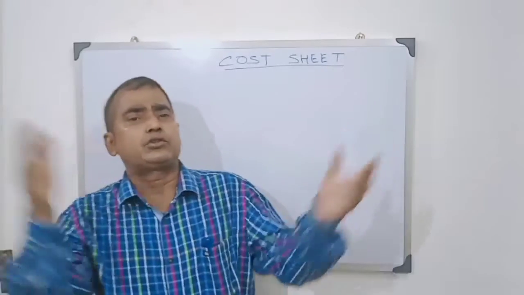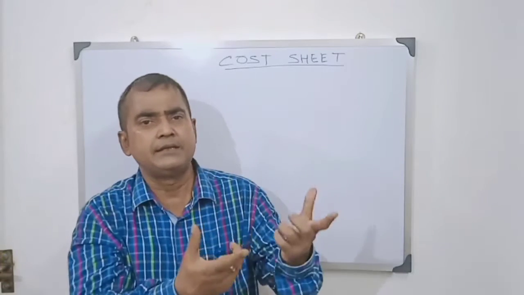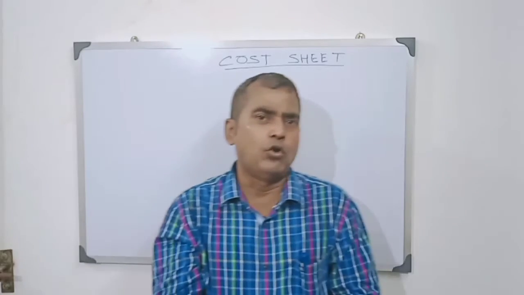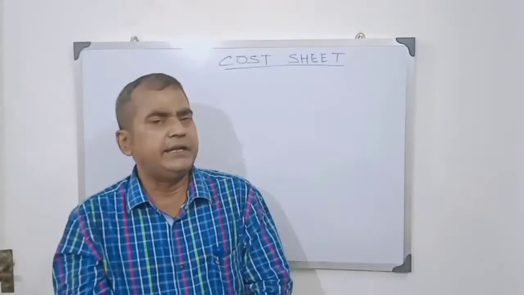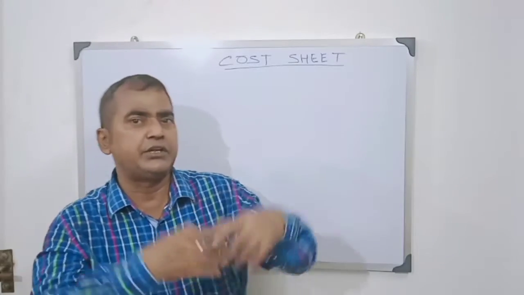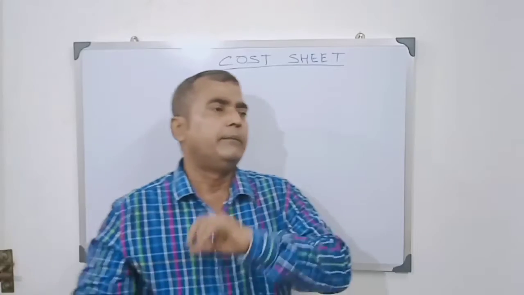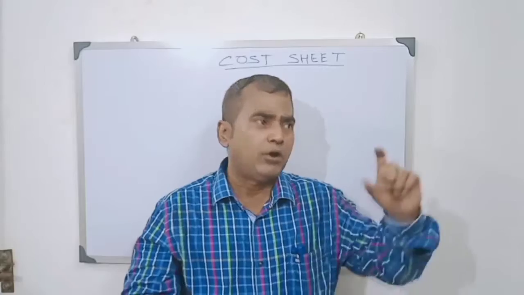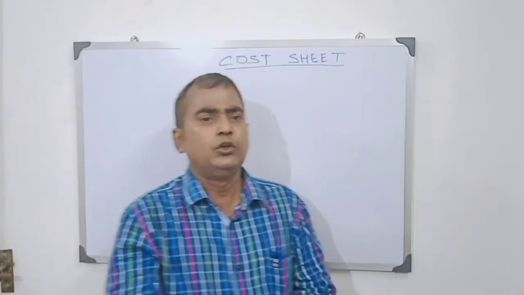When cost of production becomes minimum per unit, we can sell the product at competitive prices. So we can increase our production and our revenue by increasing the units sold, by selling at the least price.